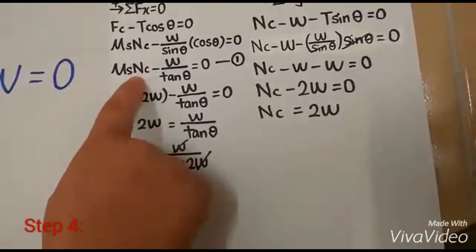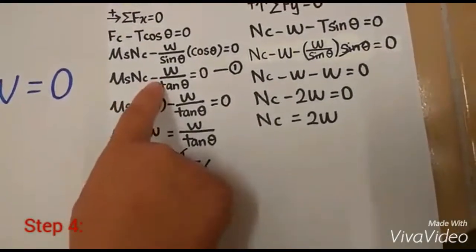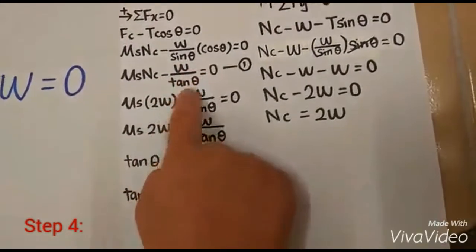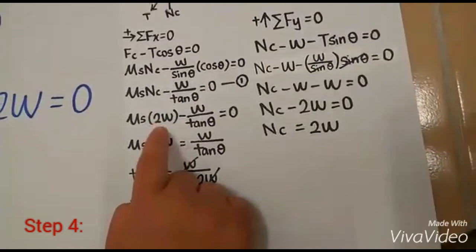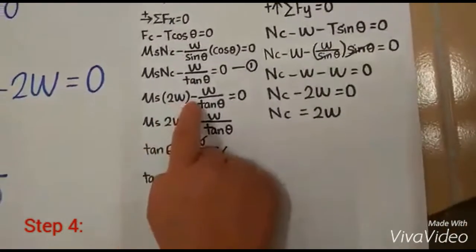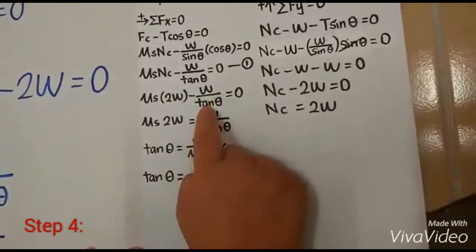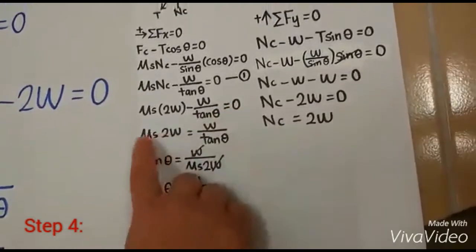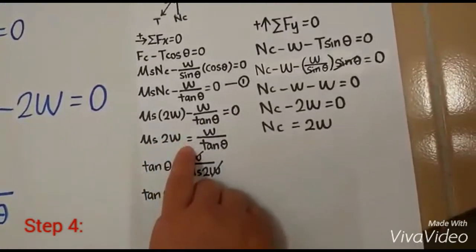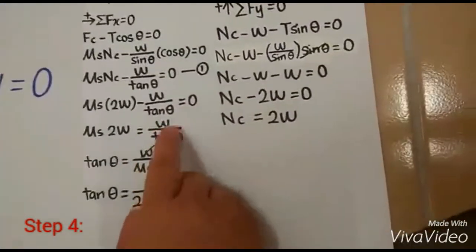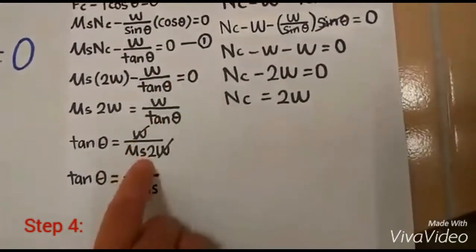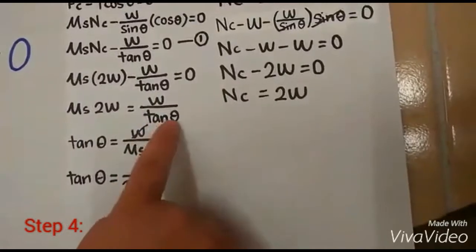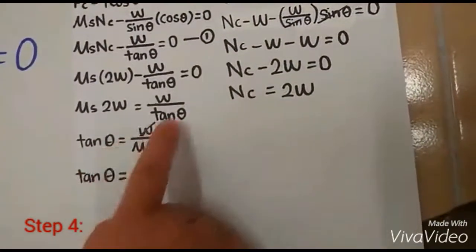mu S Nc minus W divided by tangent theta equal to 0. So we just substitute Nc is 2W inside, and minus W over tangent theta equal to 0. mu S 2W equals W divided by tangent theta, because this one we already moved behind. So tangent theta we move to the front.